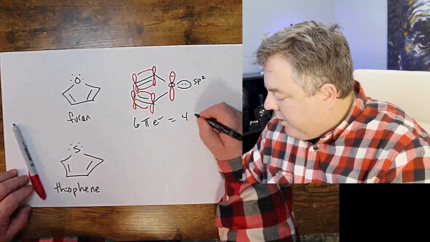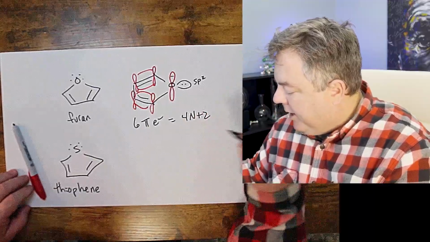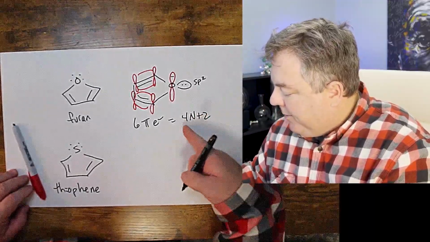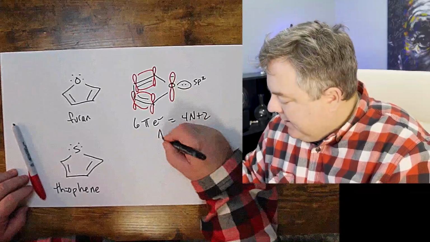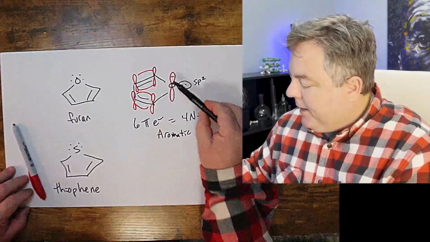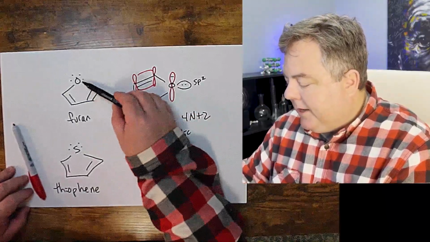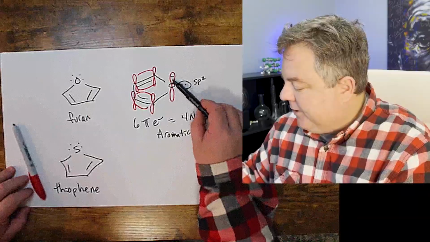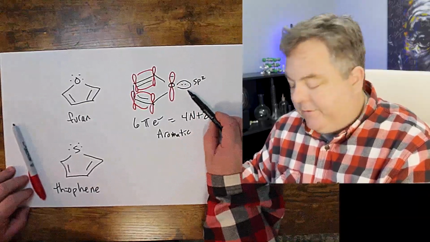That's equal to 4n plus 2. If n is 1, it'd be 4 times 1 plus 2 is 6. That makes this aromatic. So it's aromatic, and only 2 of these 4 electrons on the oxygen are in the pi system. The other 2 stick out sideways.